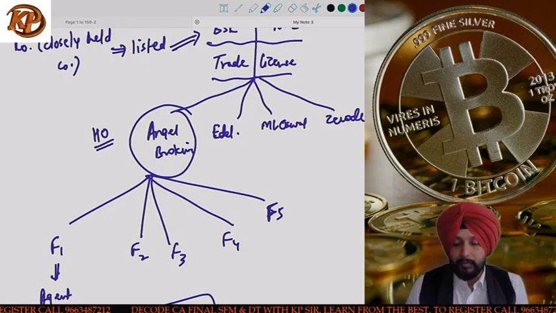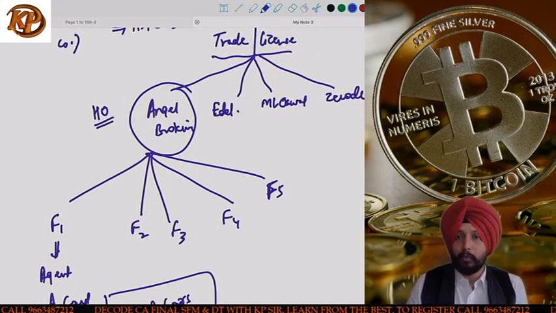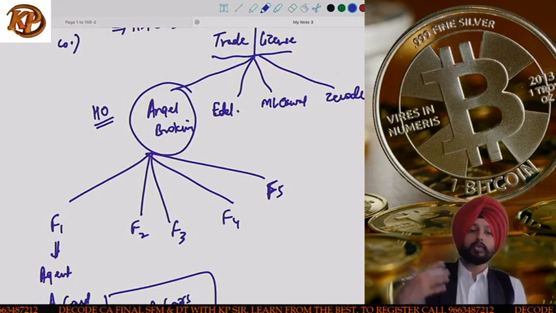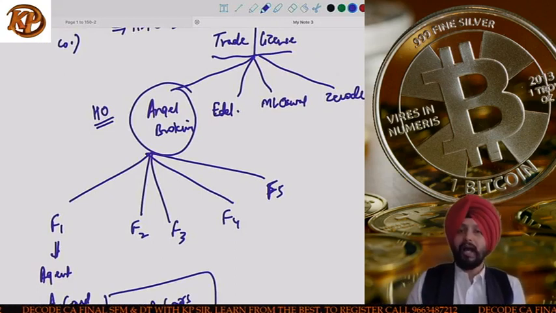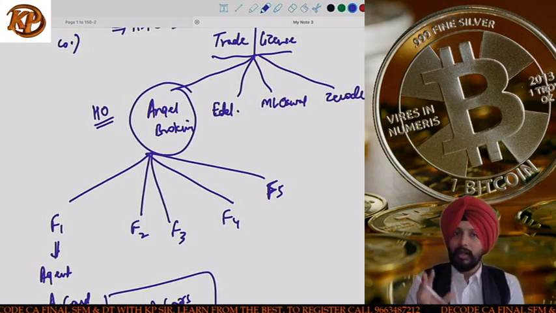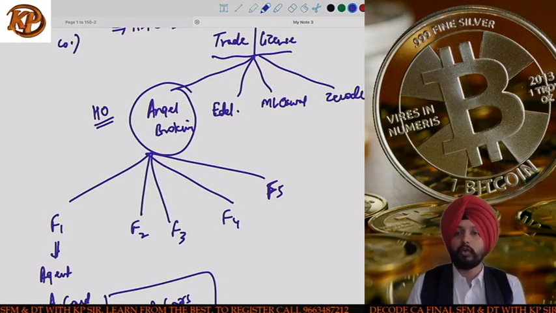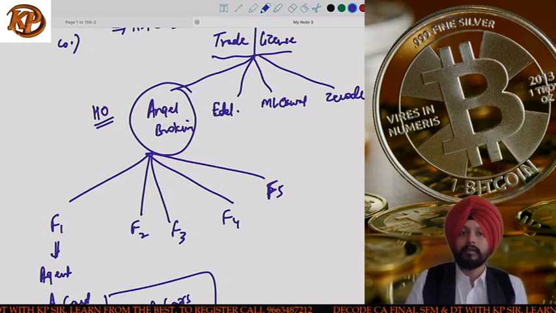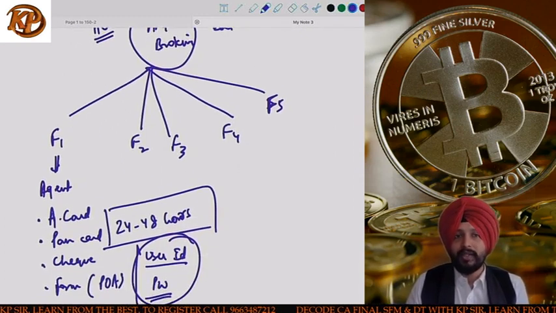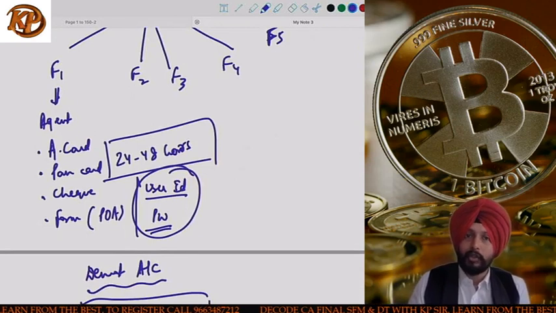So we have some brokerage houses like Angel Broking, Edelweiss, Motilal Oswal, Zerodha, who will have their head office in one of the cities, but then they will have franchises spread all across the country. With one of the franchisees you will get in touch and open your demat account.